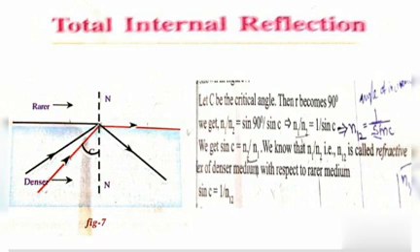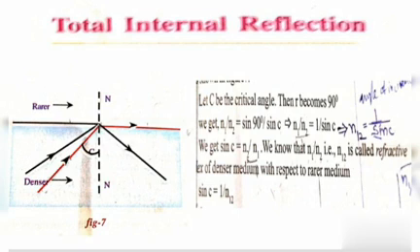Here I said critical angle. What is that critical angle? At a certain angle of incidence, the angle of refraction is 90 degrees. That angle of incidence is called the critical angle.